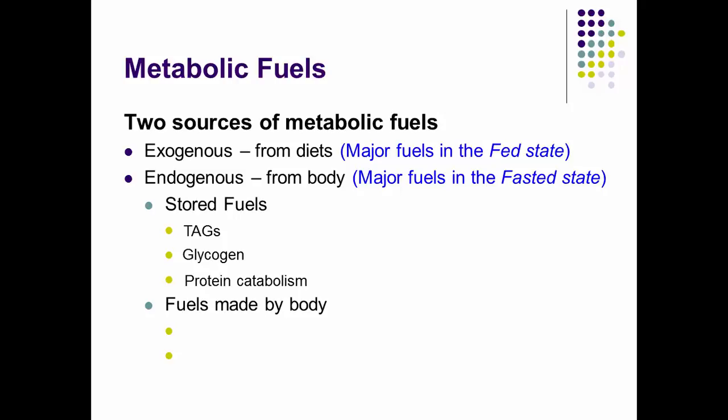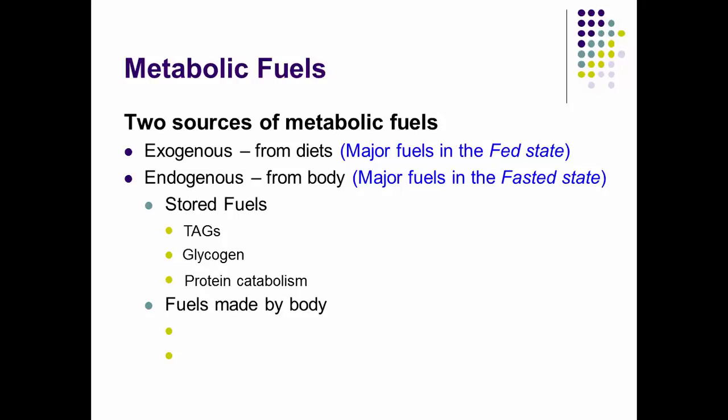And the second category is of endogenous fuels, fuels made by the body. So we have 2 points here. What are the two main metabolic fuels that our body can make? Ketone bodies, yes.